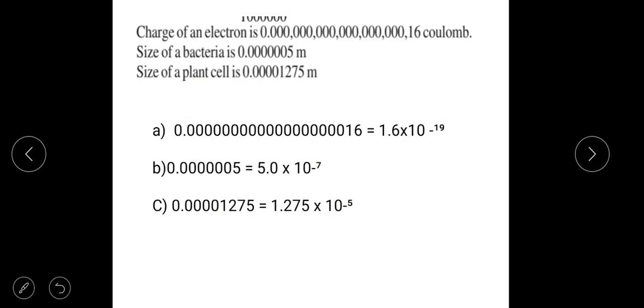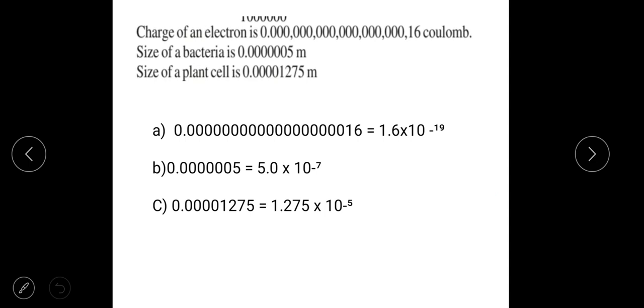Now do these questions yourself. Very small numbers. Charge of an electron. Electron we know, a particle in an atom, right? So it is very, very small. Look at the charge of the electron, 0 point. How many zeros are there after the point? 18 zeros, right? Then 16 coulomb.